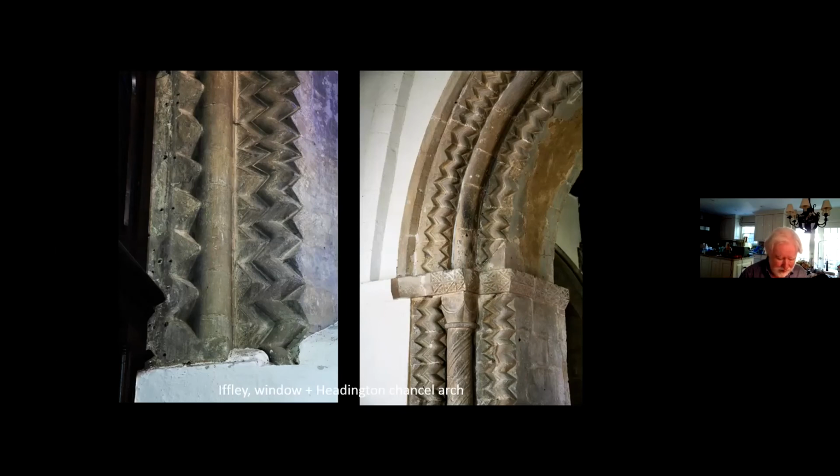Malcolm, to me, a lot of the sculpture looks rather metallic in form, as if copying or trying to render something that was originally cast in metal into stone. Yes.